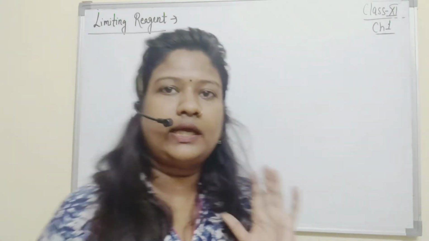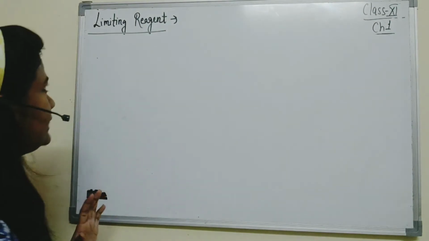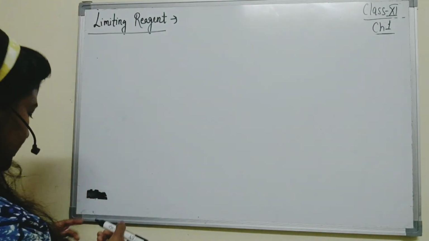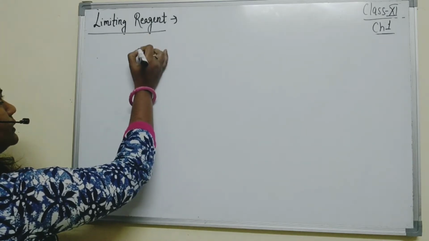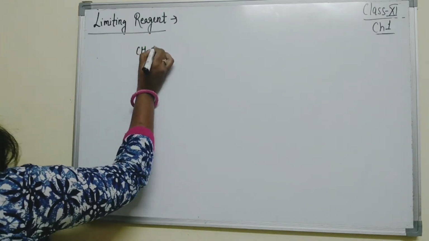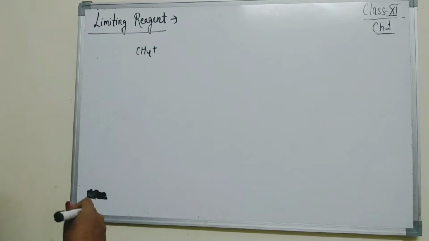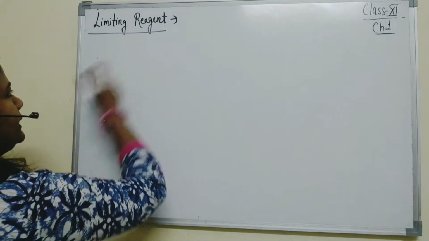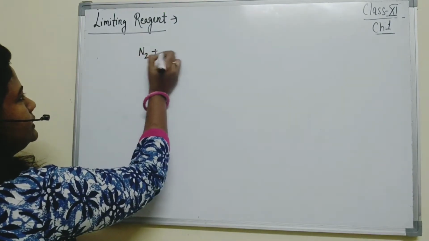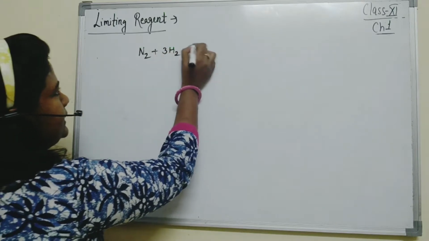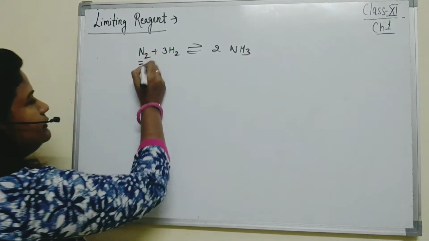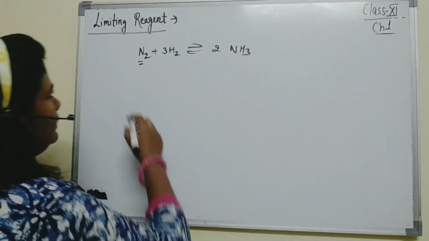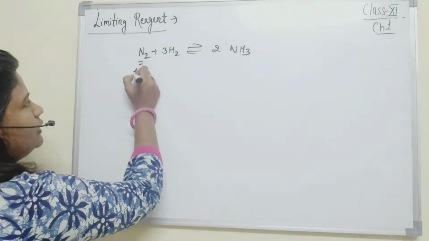Suppose I am taking an example of this reaction: N2 + 3H2 gives 2NH3. Now, how many moles of nitrogen are present here? 1 mole.